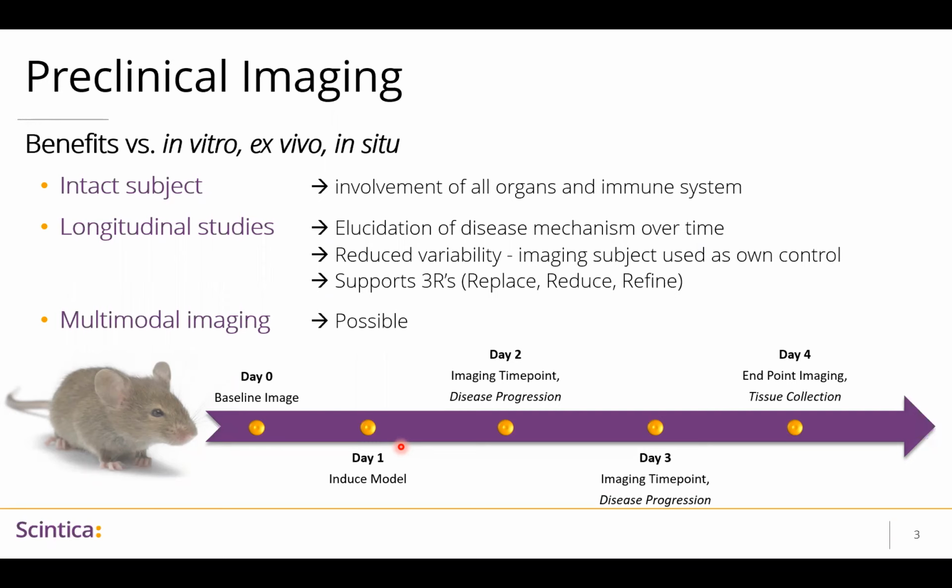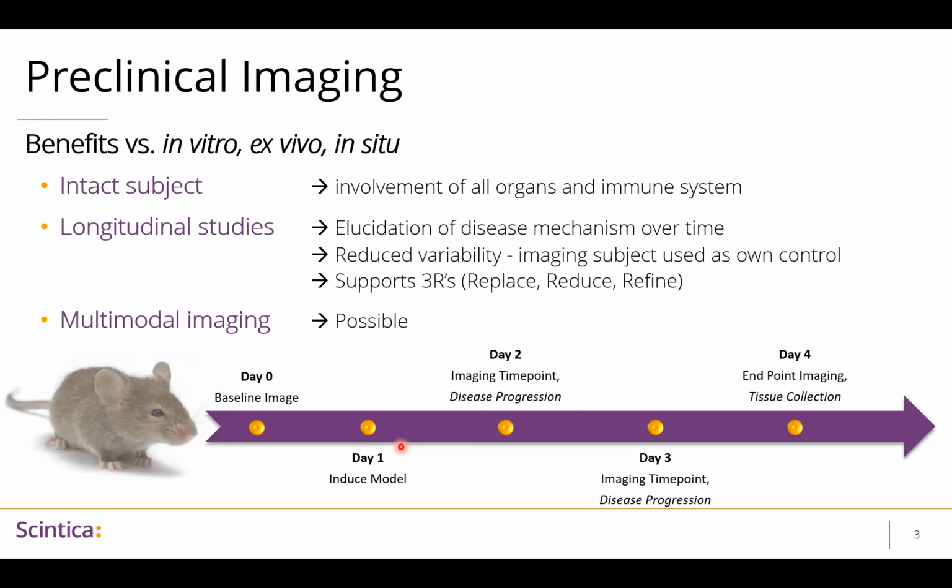If it's an orthotopic tumor, we can take a look at lymph nodes, for example. We can look at the effect of the tumor if there's metastases going into other organs. We have the ability to study the entire organism, and that also includes the immune system. So what's the effect of the immune system on the disease that we're studying? Those can be important things because, again, in the human world, if we have that disease, we have those other organs and immune system being involved in the disease process.